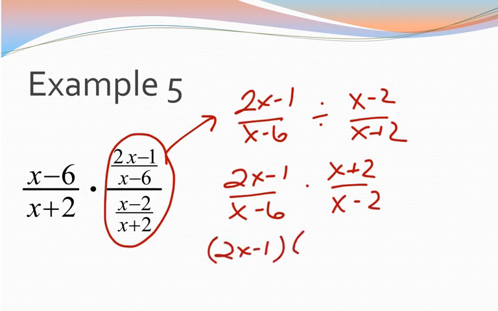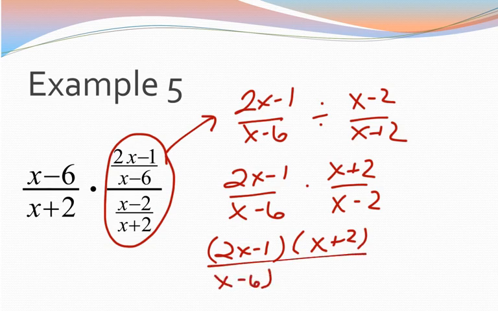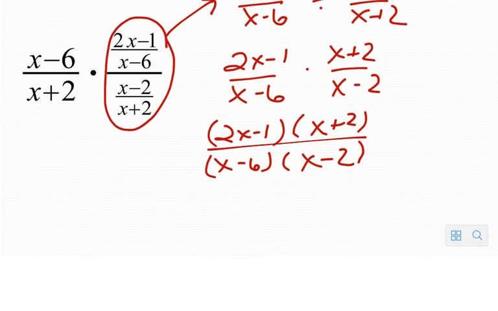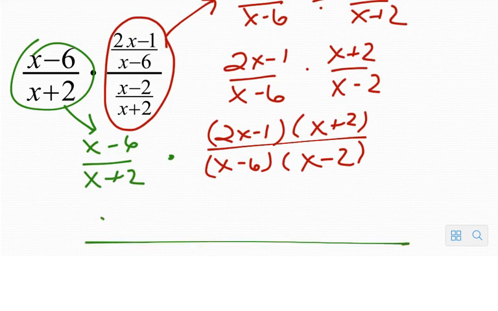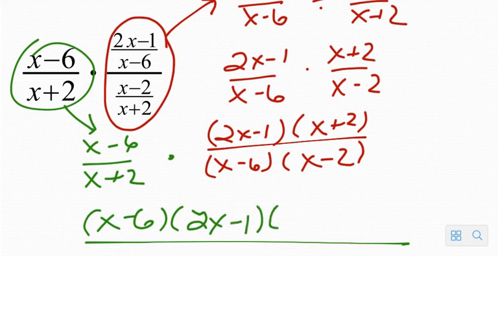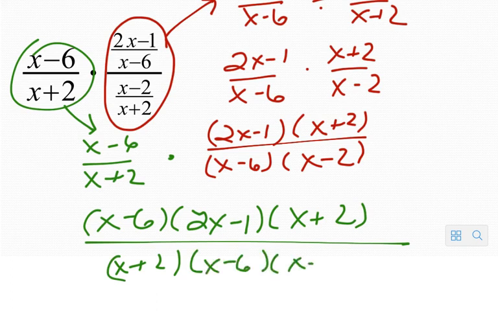you see there's nothing that I can simplify, and so you might think, well, why do that? Well, we're going to do that because now I'm going to throw in this part of the problem. So now what I've got is (x minus 6) times (2x minus 1) times (x plus 2), (x plus 2) on the bottom times (x minus 6) times (x minus 2).